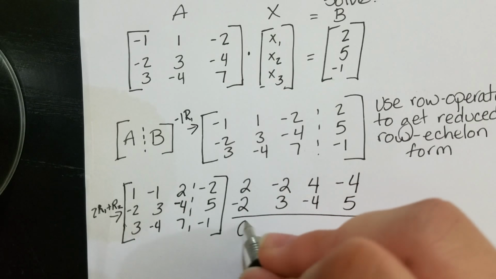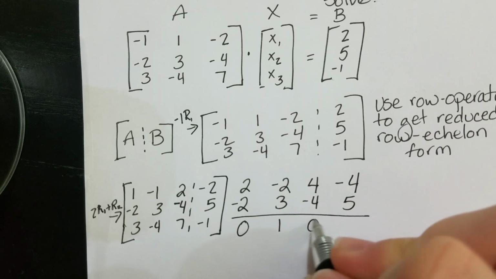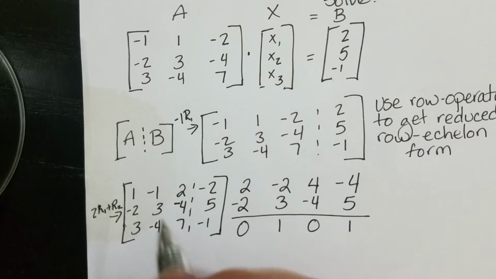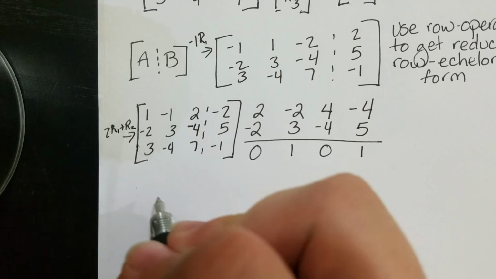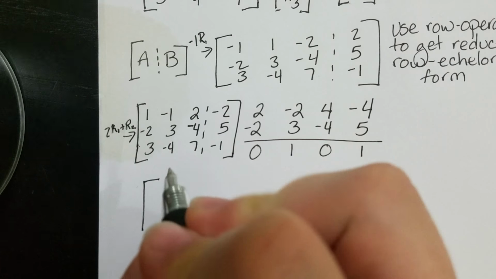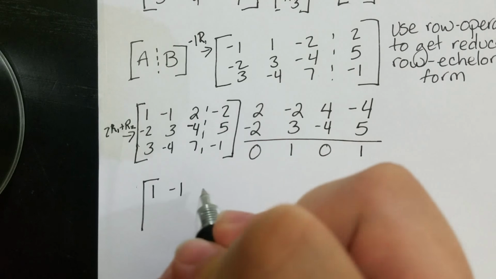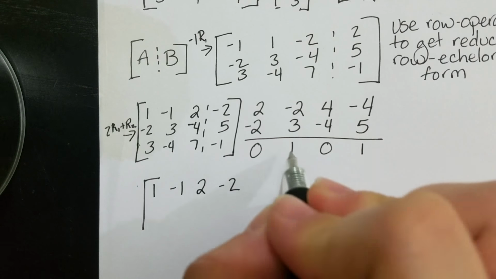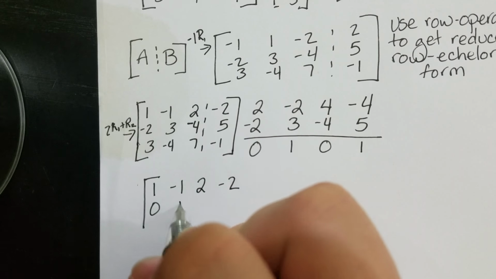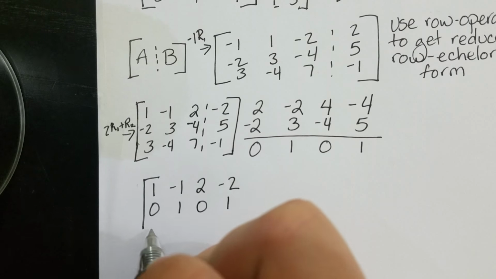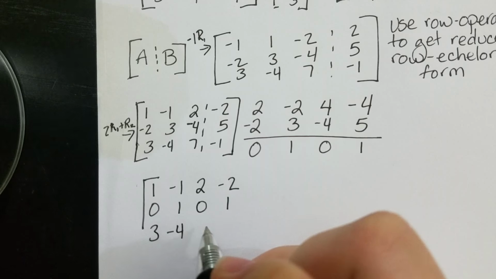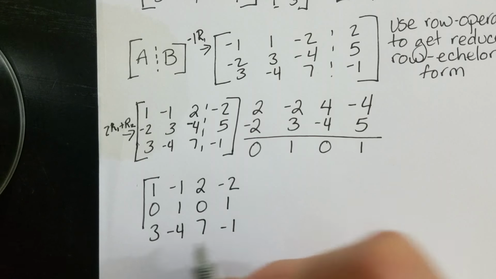Add them together: 0, 1, 0, 1. All right, so now write your new matrix. You have 1, -1, 2, -2. The new row 2 is going to be 0, 1, 0, 1, and row 3 is 3, negative 4, 7, negative 1.